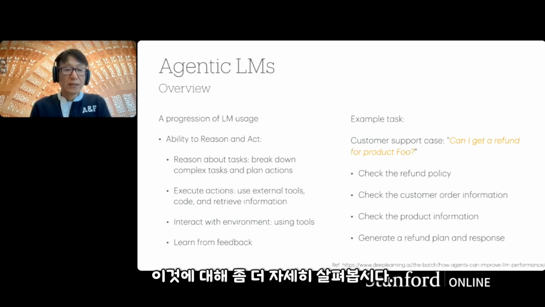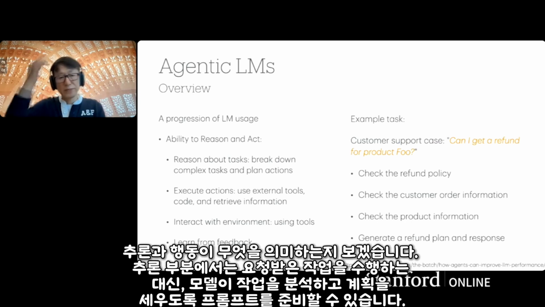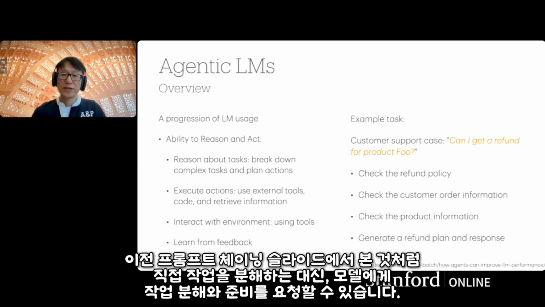So let's look at this in a little more detail. What does it mean by reasoning and action? For the reasoning part, instead of doing the task that is asked, you can prepare your prompt in such a way that it asks the model to break down the task and make a plan. Instead of breaking down the task yourself, as we saw in the previous prompt chaining slide, you can ask the model to break it down and prepare the plan.